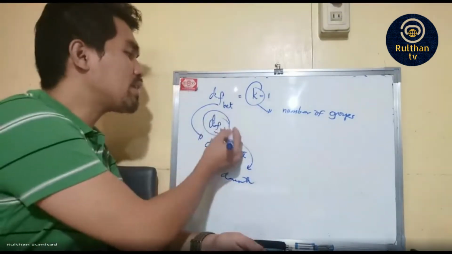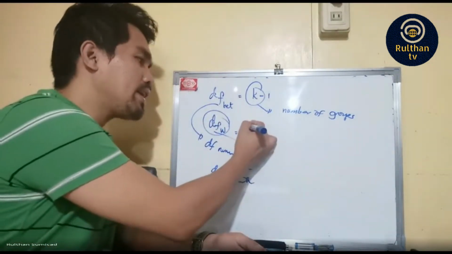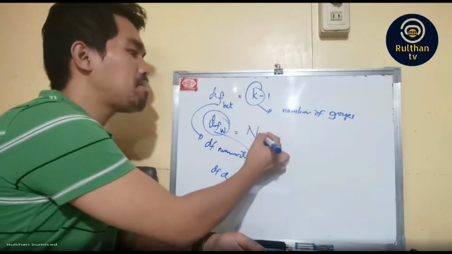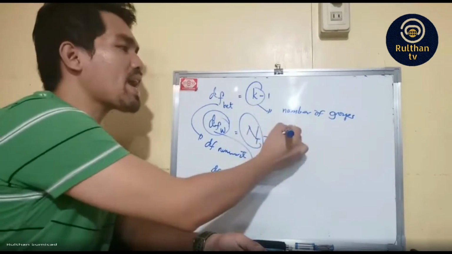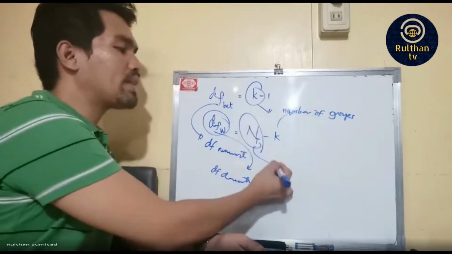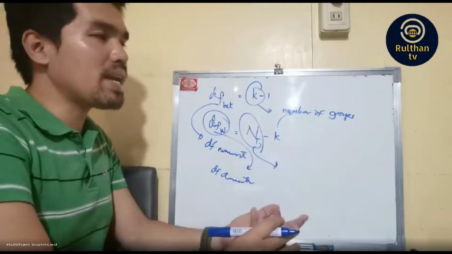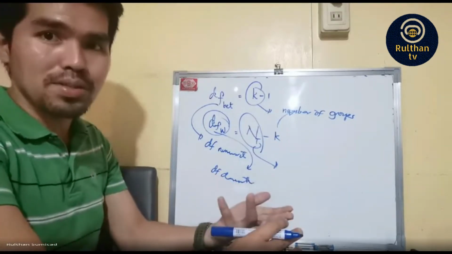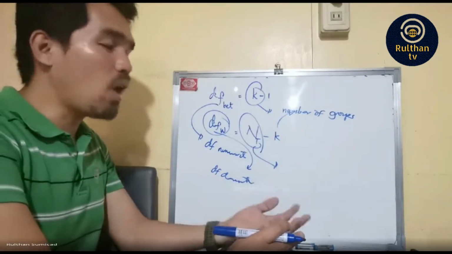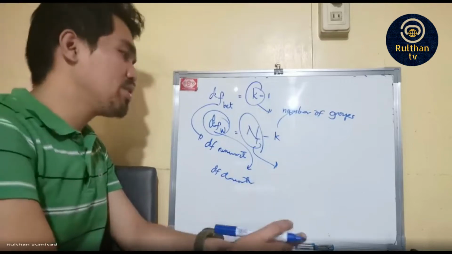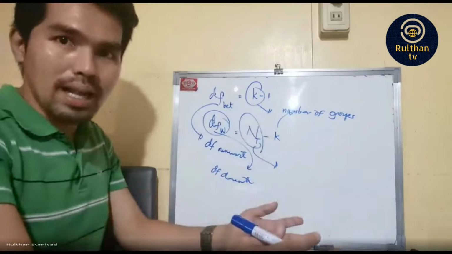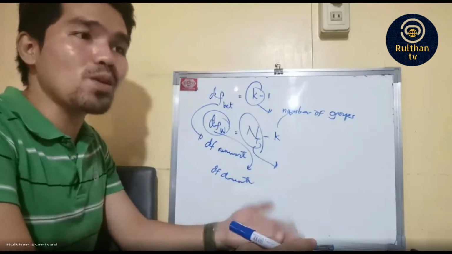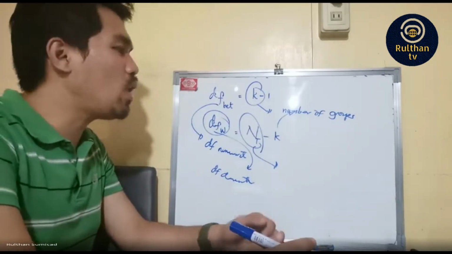And when it comes to degree of freedom within, that's n sub t minus k. Don't be confused: the k here is the same number of groups, while n sub t is the total number of samples involved in all the groups. It's like the grand total, the number of samples all in all, including all the groups.